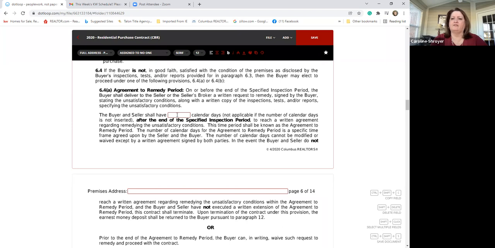So I would say if the intent is for us to say, okay, we're not going to ask for repairs, but we still want to reserve the right to terminate based on the home inspection if the buyer deems that there's something major, then we should just put it in our additional terms and conditions. Is that correct?